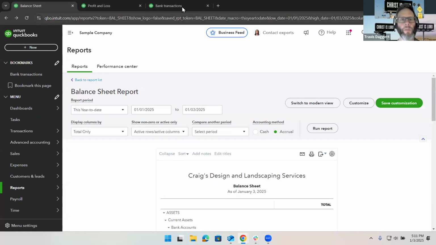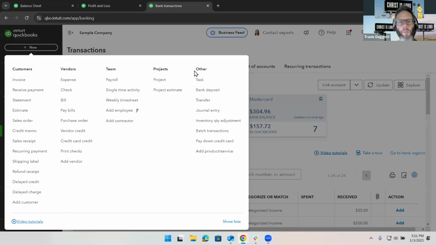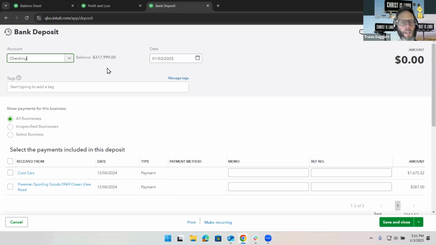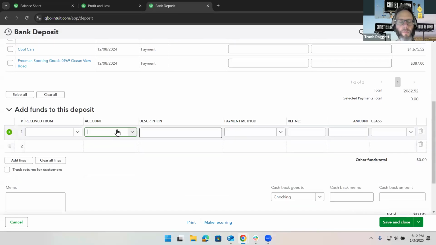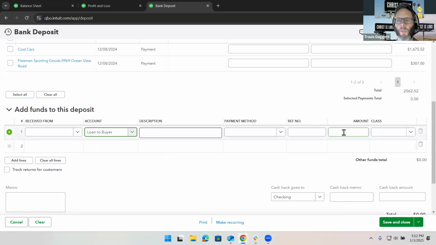Now let's look at what happens when we collect payment. I'm going to use bank deposit this time. And so this is from our buyer. So this is a loan held, loan to buyer. And let's say they're also making a $1,200 payment.